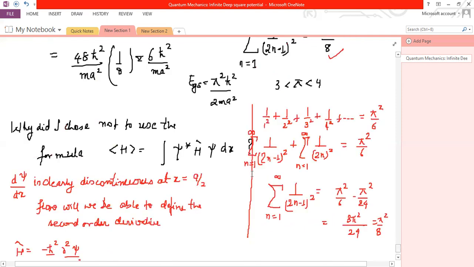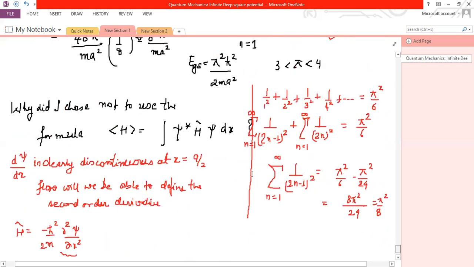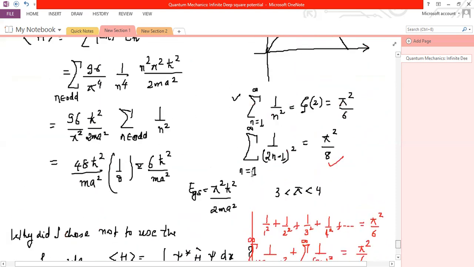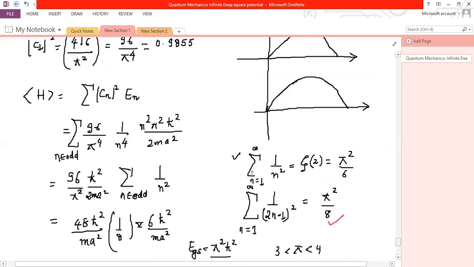One thing is quite clear, that we may expect discontinuities at the endpoints. Like in our own infinite deep potential well, the derivative is discontinuous at the endpoint. Now here the problem is that the derivative is discontinuous at a midpoint. This gives us a little bit of difficulty, and one needs to really address this.